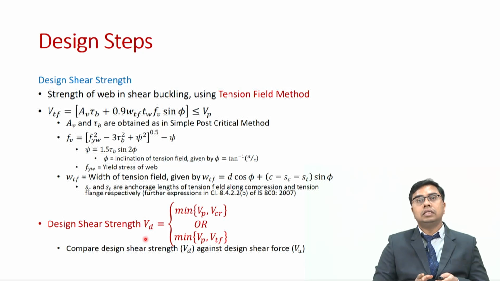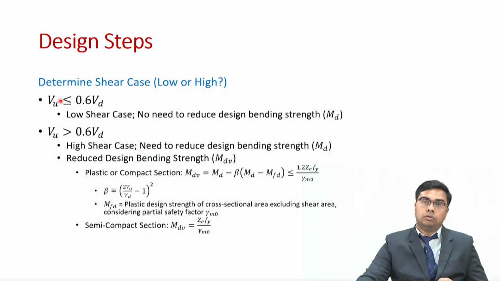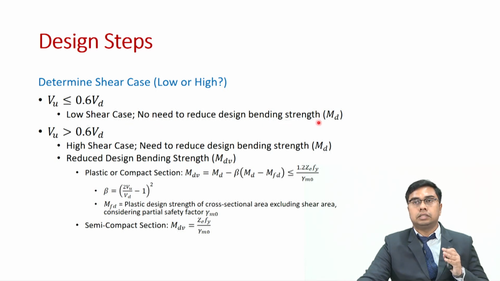After completing this design for shear, we shall find out whether the shear is high or low. If your factored or design shear force is less than or equal to 60% of the design shear strength or the capacity, so the demand is less than or equal to 60% of the capacity, then we will define it as low shear case, and in this case we do not need to reduce any design bending strength.